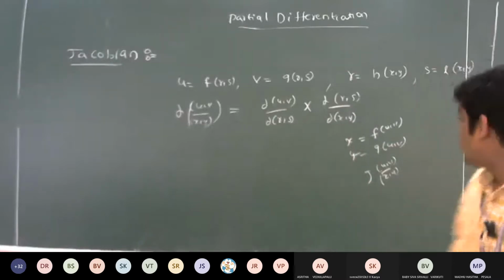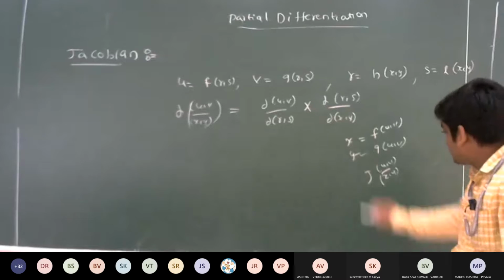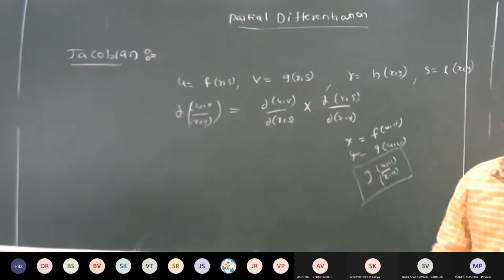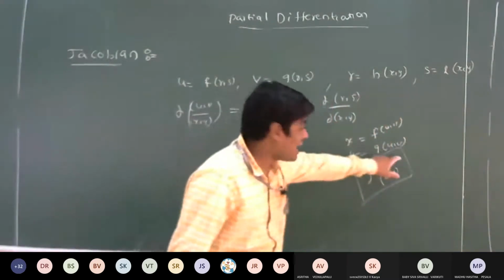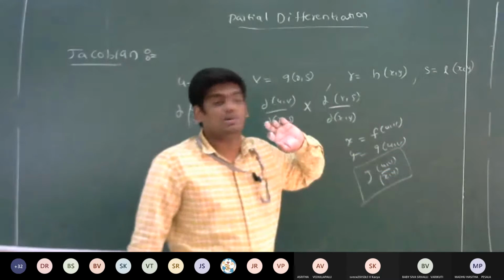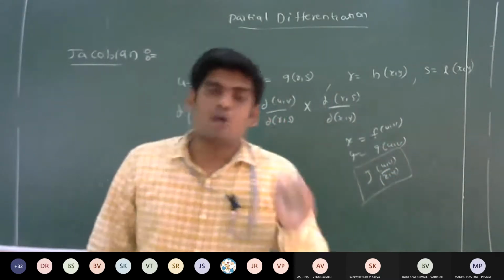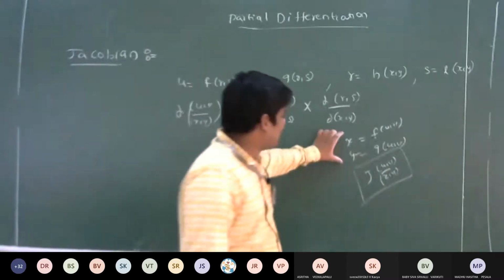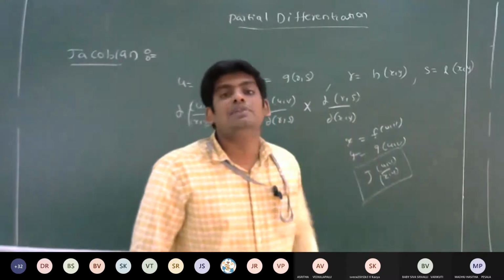That means originally x comma y are the dependent variables, but what they asked is the Jacobian of u comma v by x comma y. So here u comma v are the independent variables. What we have to do here is, first we have to change x comma y, the dependent variables, into independent variables.